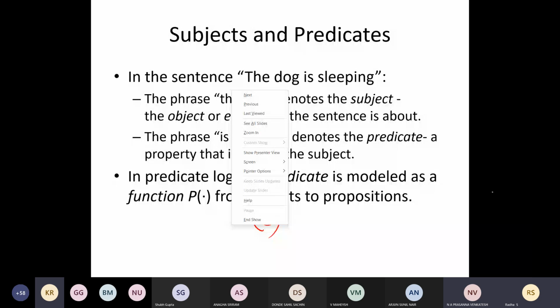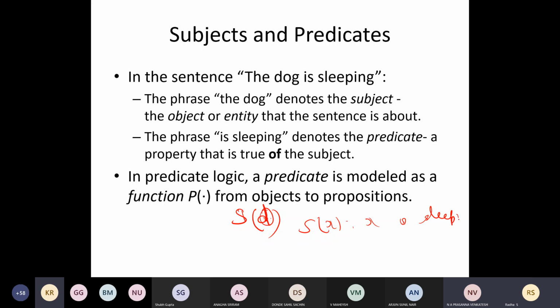I'm representing the sentence as a function type, right? S of X: X is sleeping. At any time you can replace X by anything. You can write Rama is sleeping, Sita is sleeping, whatever you want, you can replace in the place of X and continue that, right?